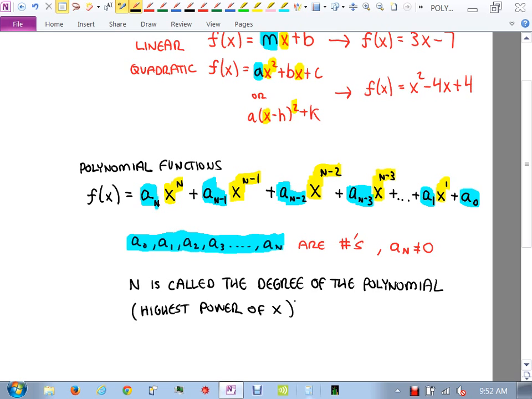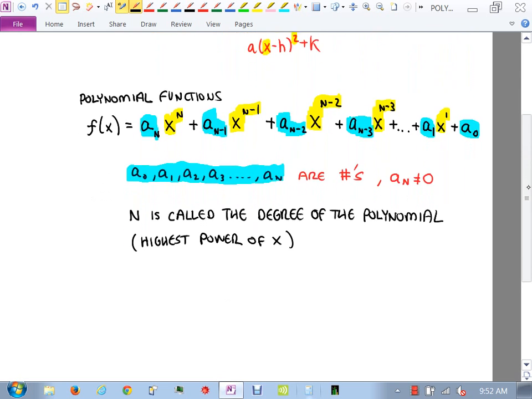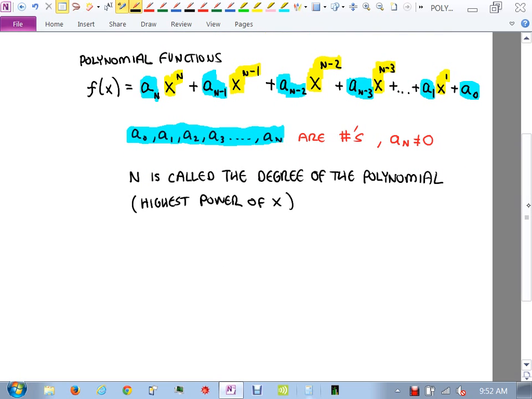The biggest power that appears is your degree. We also have some conditions on n. n must be a non-negative integer. And in case you don't know what a non-negative integer is, it's 0, 1, 2, 3, 4, and it can be as big as you want.